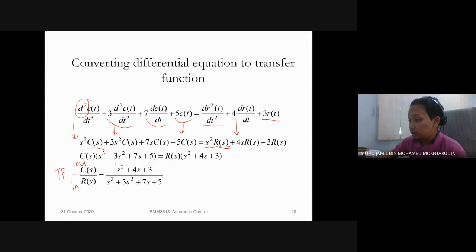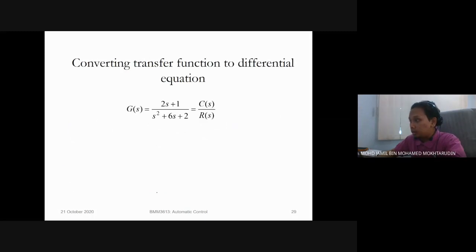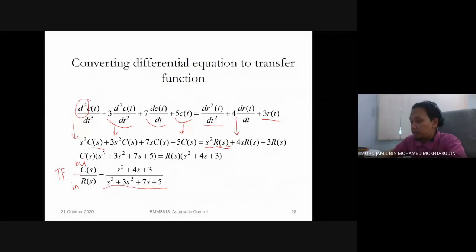So here you rearrange them in terms of transfer function. Okay, so you get this transfer function. Then after this, you can use partial fraction expansion, and then use inverse Laplace transform to get y(t), the time response.